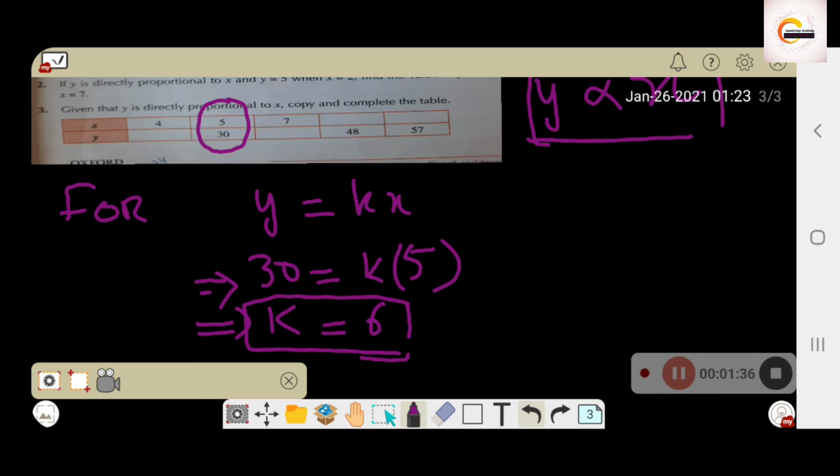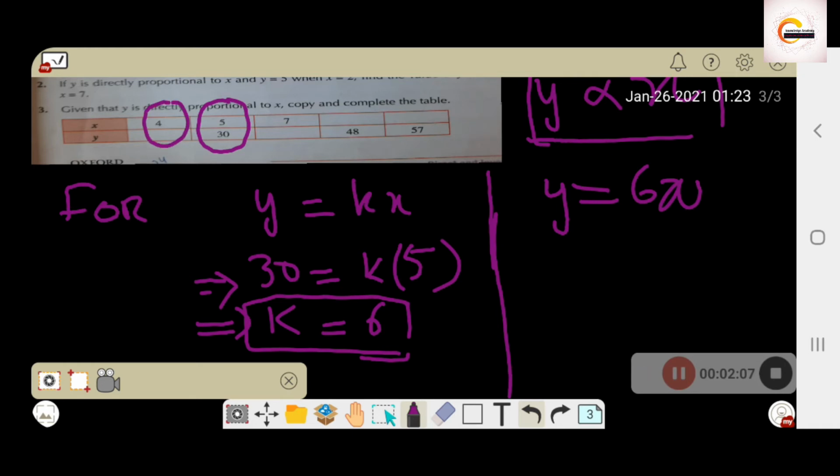Now I know the value of k, and putting the value of k into our formula connecting x and y variables, y is equal to 6x.